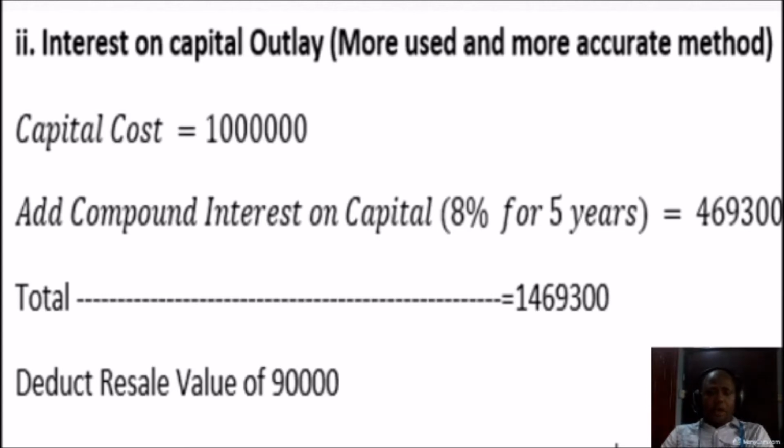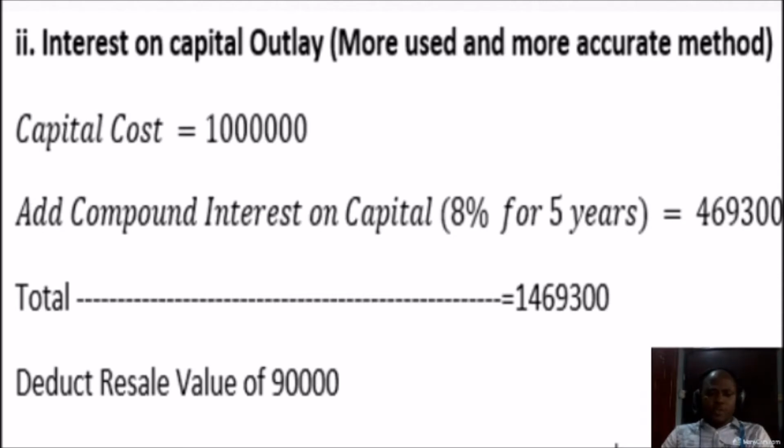We add compound interest on this sum, compounded for a 5-year period at a rate of 8%. So the compound interest for 1 million for 5 years at 8% is equal to 469,300. Using a compound interest formula, we obtain this value.